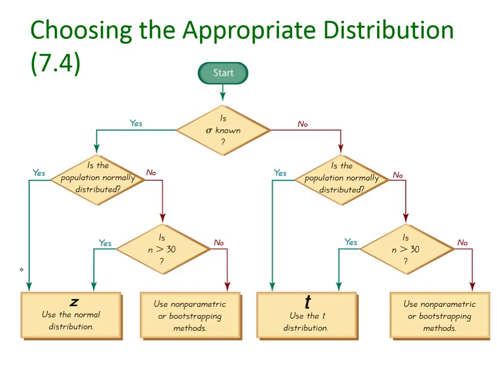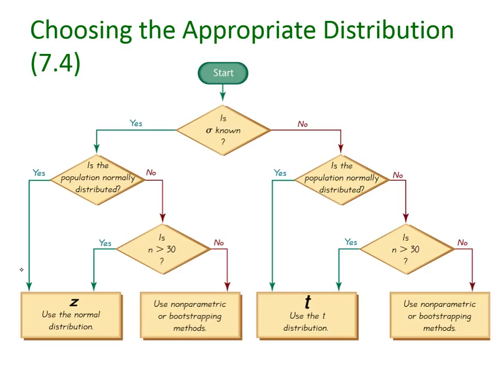If, on the other hand, we knew the population standard deviation, but it's not a normal distribution, so the population itself is already skewed, then the next question is, is my sample size larger than 30? If it is, then I still get to use my normal distribution, so I'm still using the Z interval on the calculator.